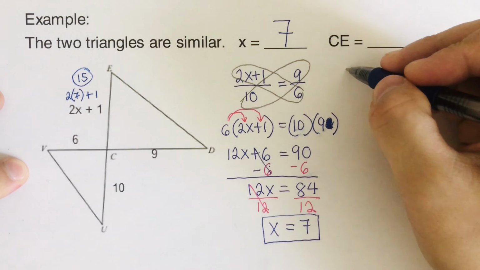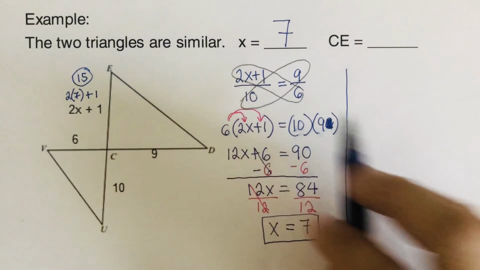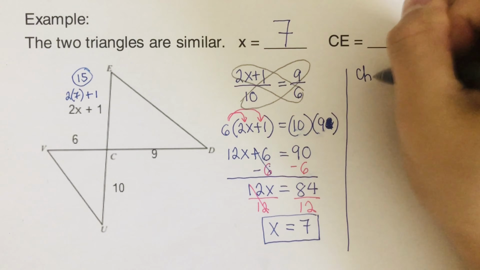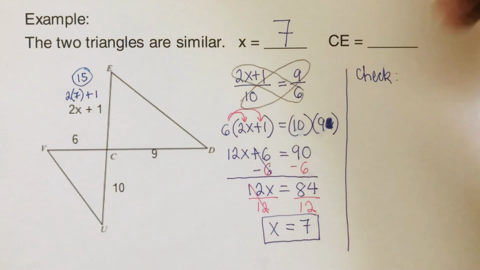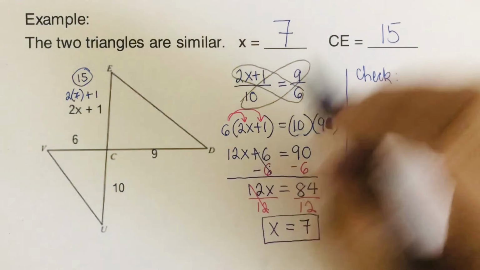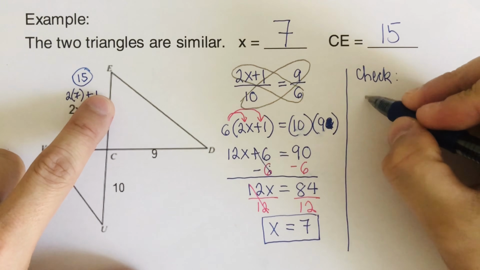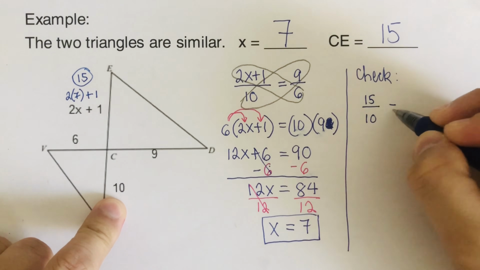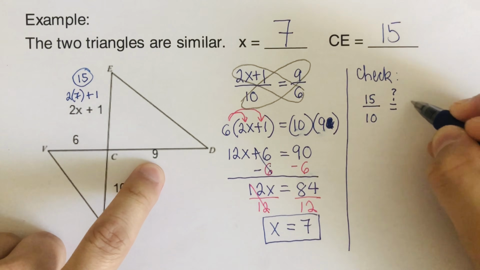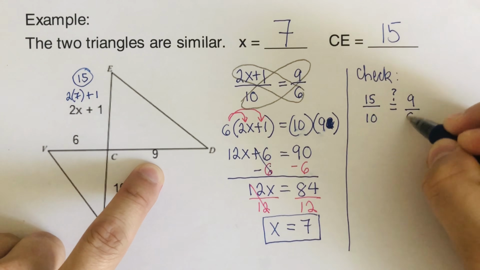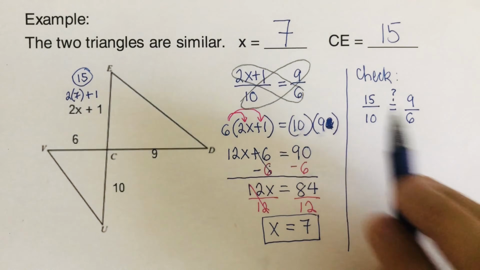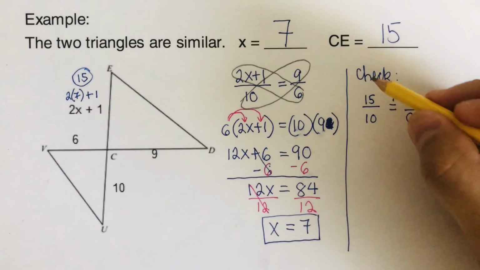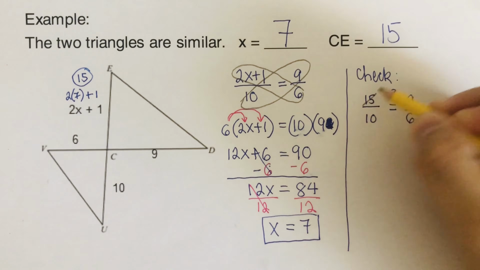Now we can check if these two fractions are equal to each other. So the CE now is 15. We're now checking, so this is 15 over 10. Is that equal to 9 over 6? We can reduce this to lowest terms. This one goes by 5 three times.